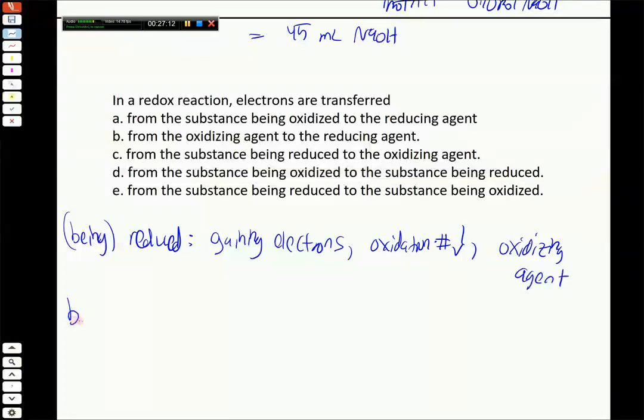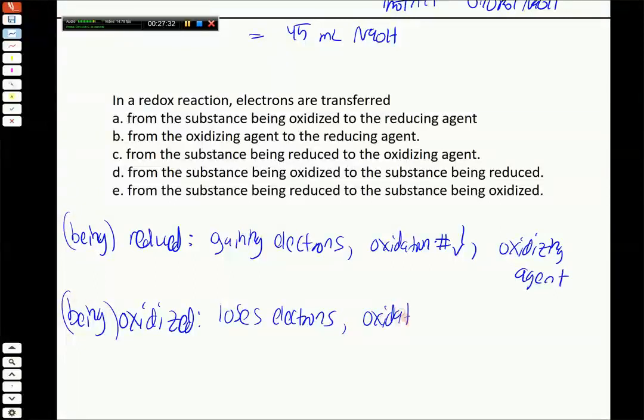And then the opposite is true for whatever substance is being oxidized. The substance that's being oxidized is going to lose electrons. Its oxidation number will increase for one of the elements in that species, and this will serve as the reducing agent.